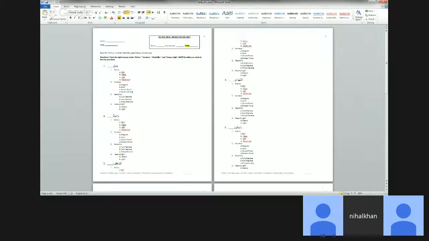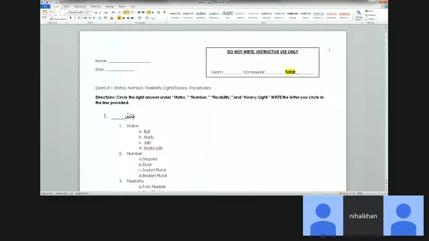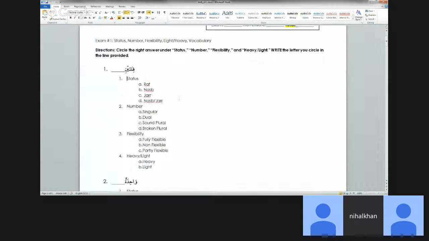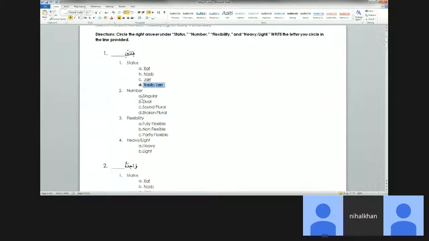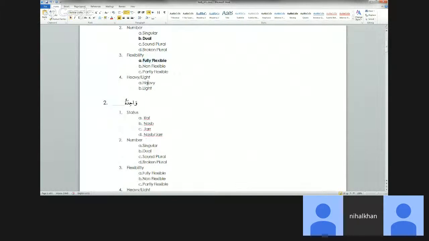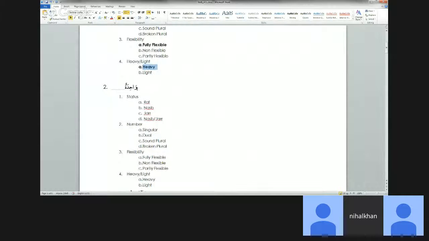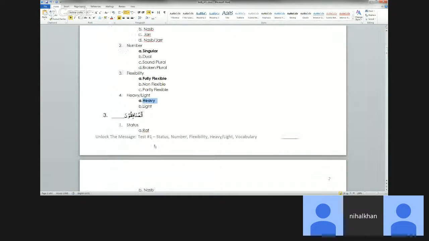Okay, test one. So let's do the first question. Fi'ataini, status is nasab or jar. Number is dual. Flexibility, fully flexible. And heavy or light, it is heavy. Wahidatun, it is rafa. Number, singular, flexibility, fully flexible. Heavy or light, heavy. Al-munafiquna, status is rafa.